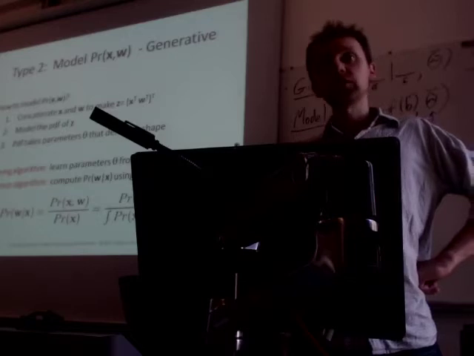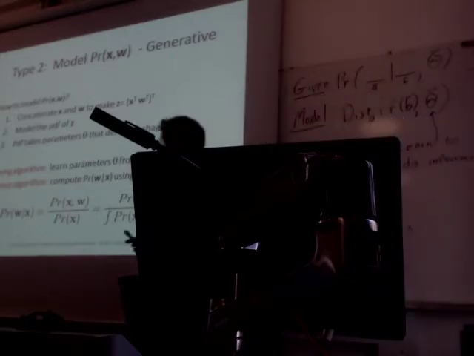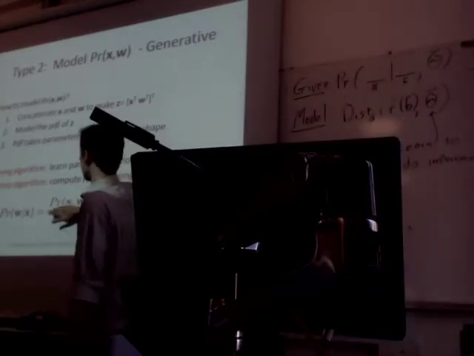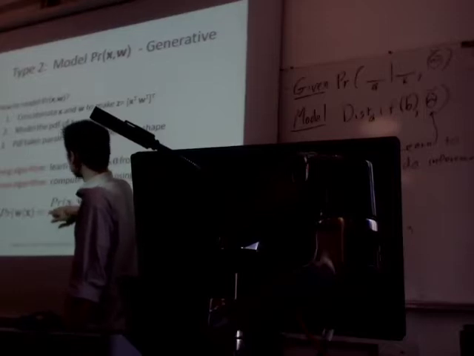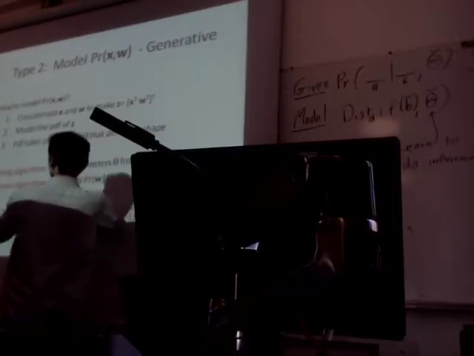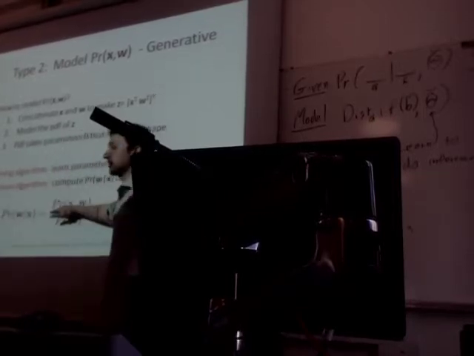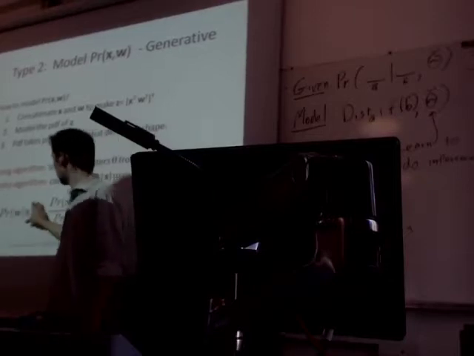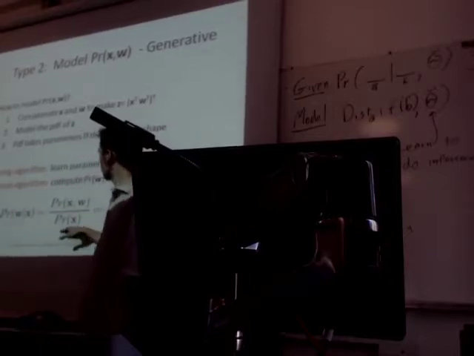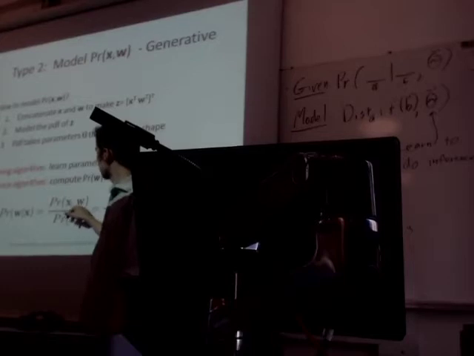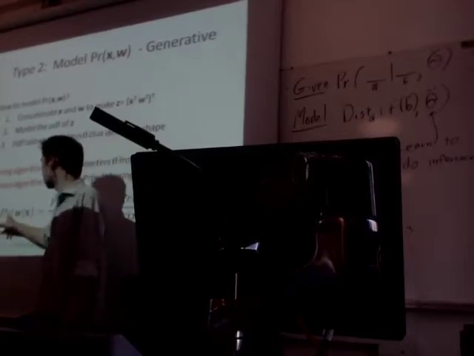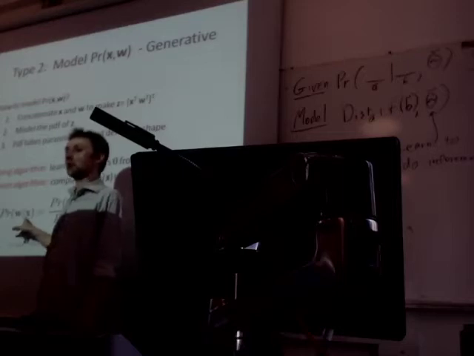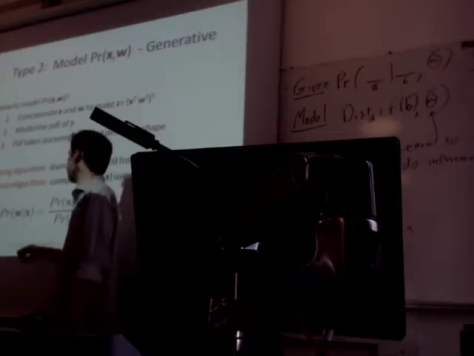Well, you say, I've got the joint probability of W and X. Bayes' rule can help us out here, right? I know that this term equals probability of W given X times probability of X. So I can just divide that term over here from Bayes' rule. So I divide the joint probability by the probability of X, and I get probability of W given X, the thing I wanted in the first place.